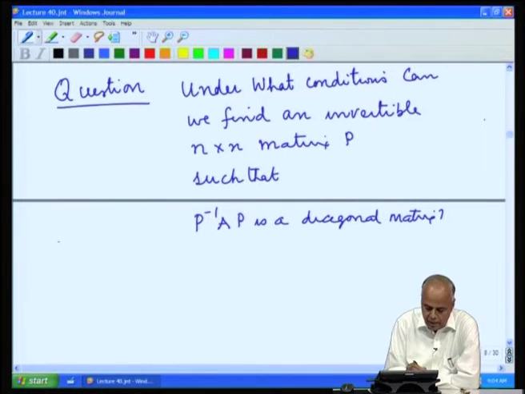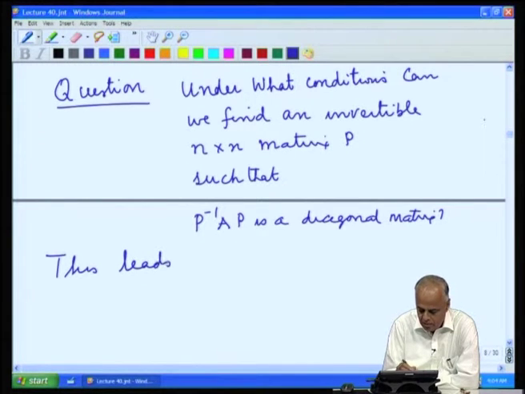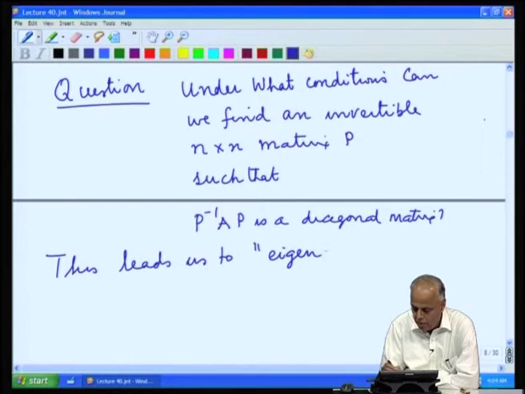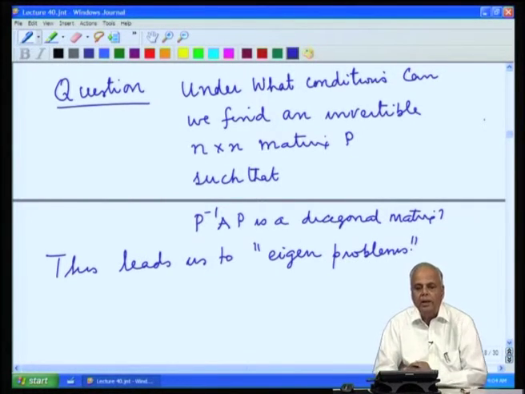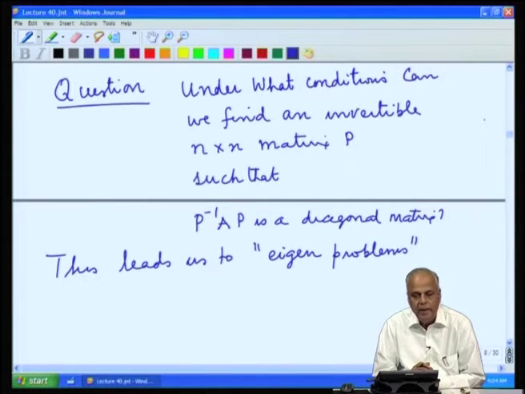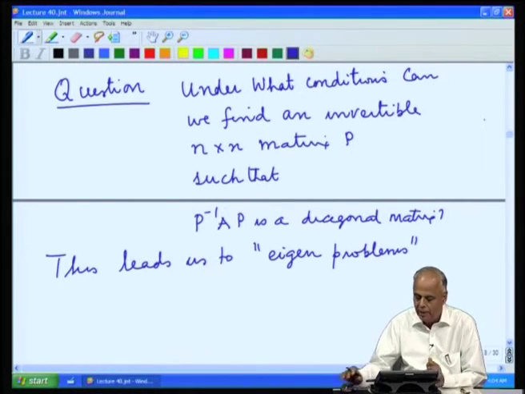Then this leads us to the eigen problems. We found this is connected with the notion of eigenvalues and eigenvectors.